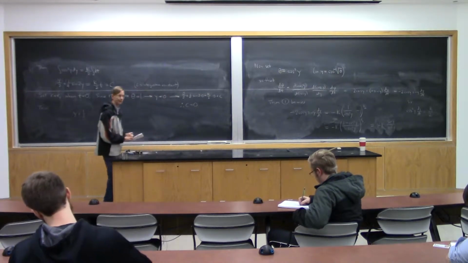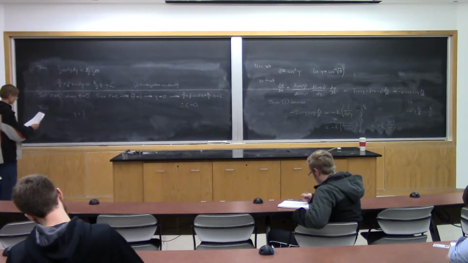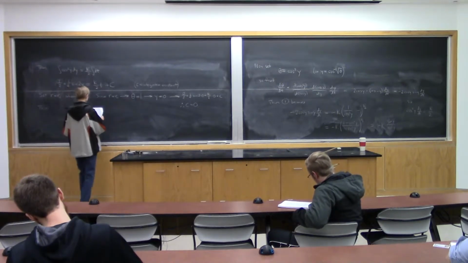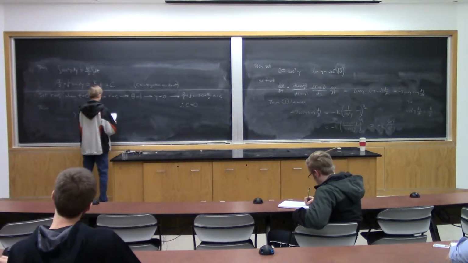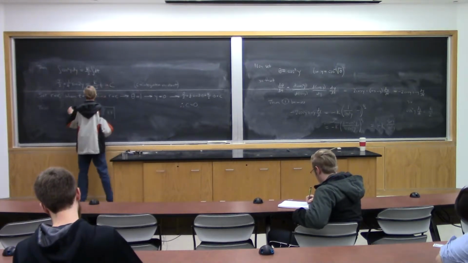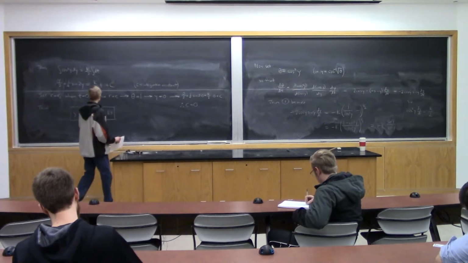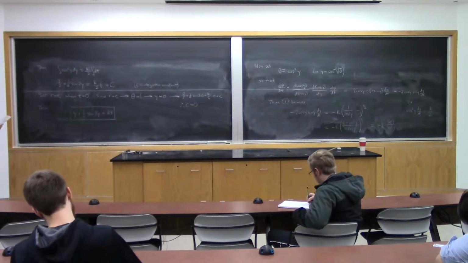Something wasn't working out there, that's a 1/4 right there. So y plus 1/2 sine 2y is equal to k times t. That's our implicit solution for how the radius of the cloud varies with time.